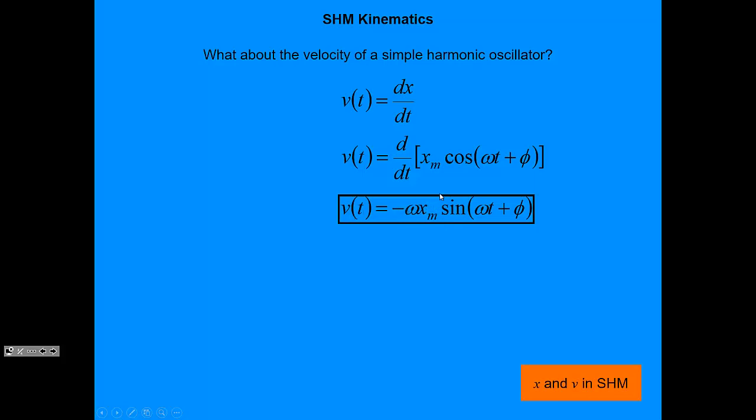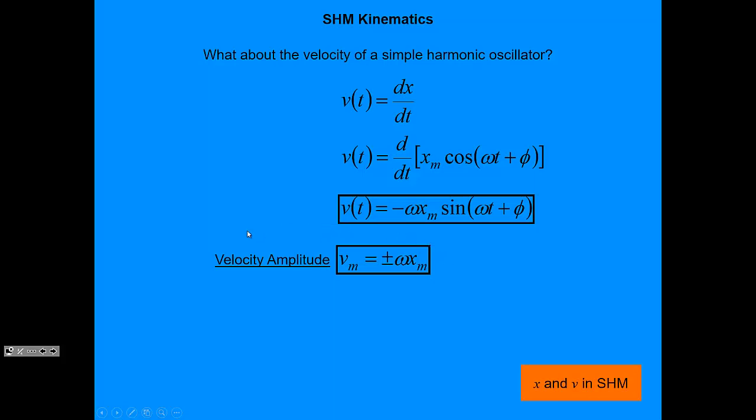You with me there? So kind of like this is the position amplitude, this is the velocity amplitude, v with a subscript of little m. This is the maximum velocity, positive or negative depending on if it's going up, down, right, or left, depending on what kind of oscillator it is.